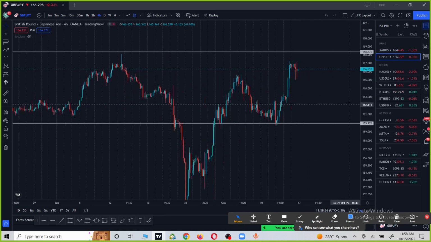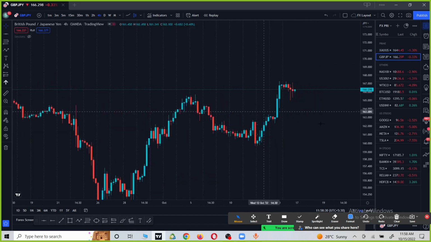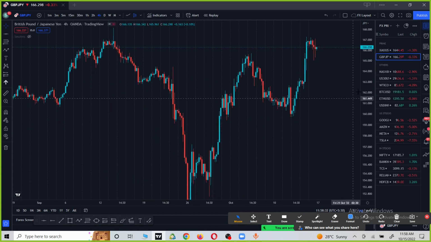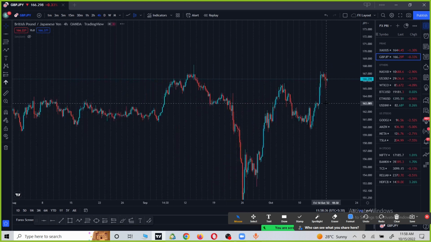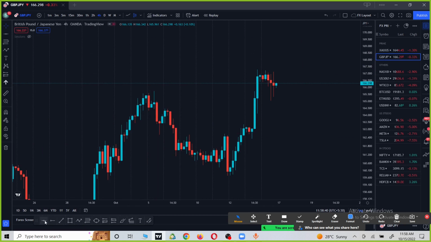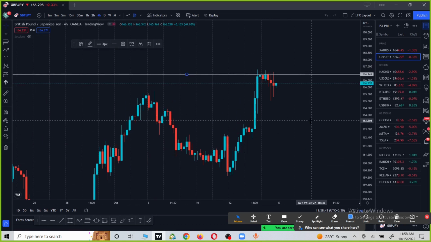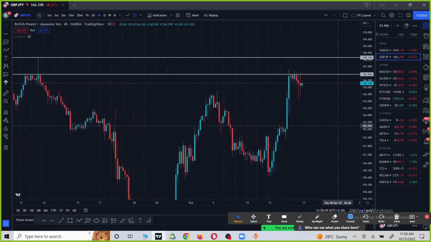On the 4-hour chart, as we can see, we are pretty much moving to the upside, and right now we have a strong resistance area, which is right here. The next resistance is right here.